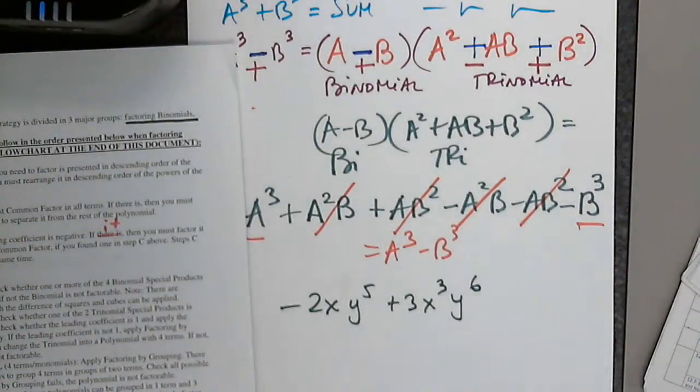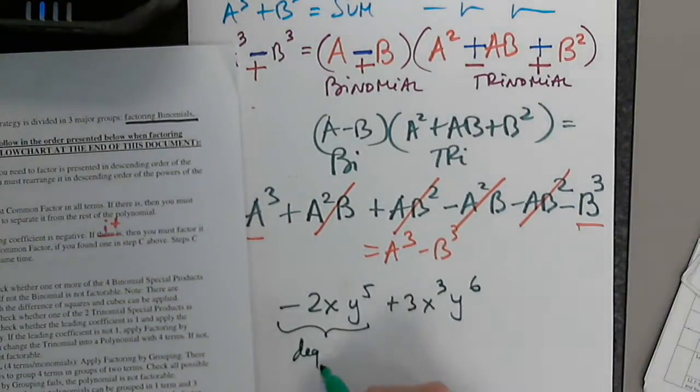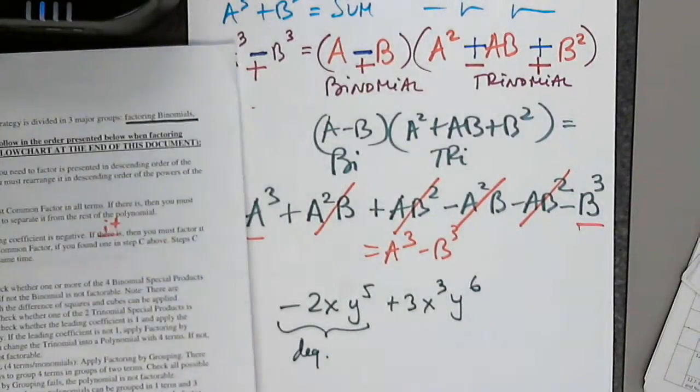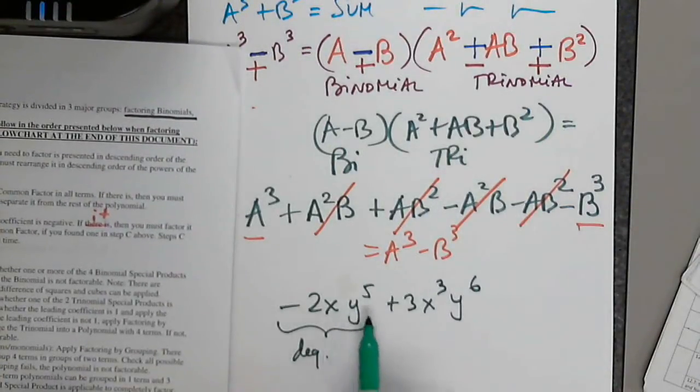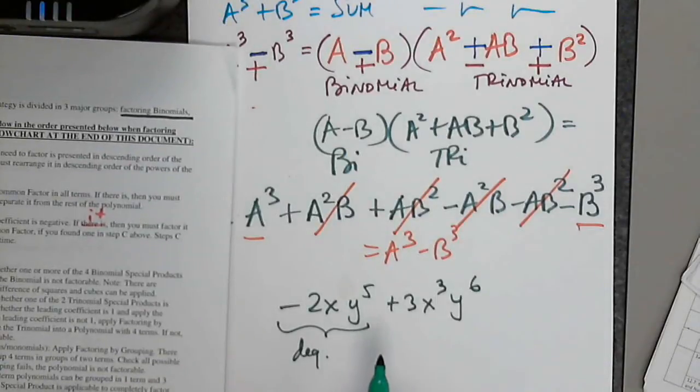Now, can anyone remind us what is the degree of this piece? Just the first monomial. What is the degree? And how do we determine the degree of a monomial? In order to find the degree of a monomial, I have to add the exponents of all variables present in that monomial.